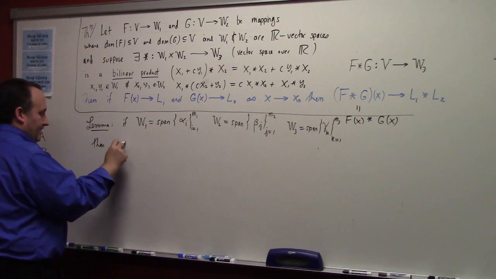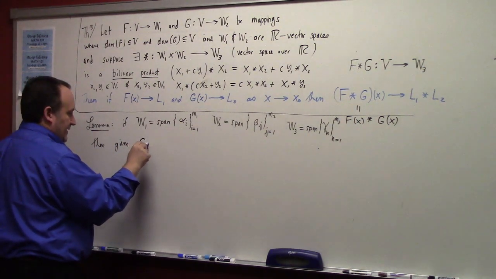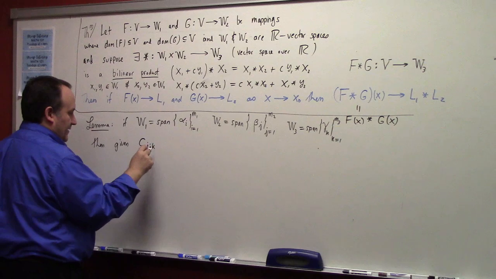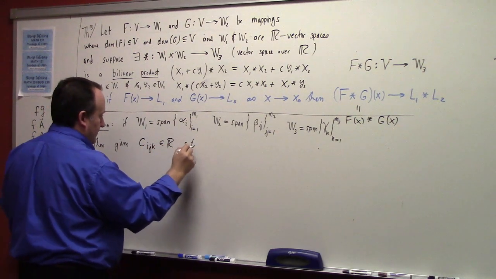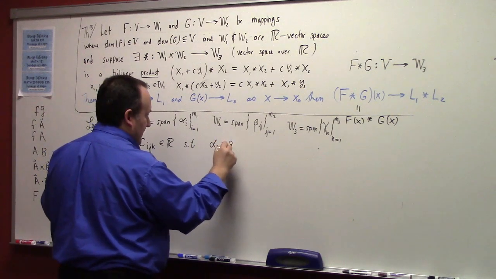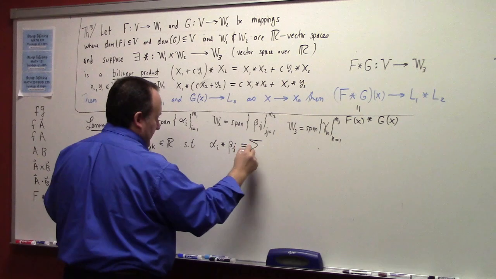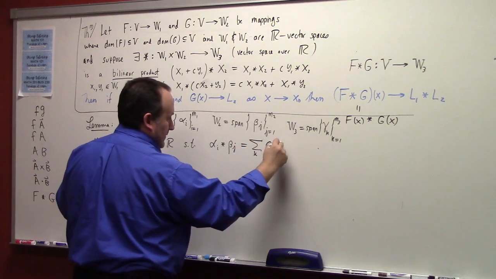given, let's say, C_ijk in the reals, such that, here's how it goes, alpha_i star beta_j is equal to the sum over k of C_ijk gamma_k.